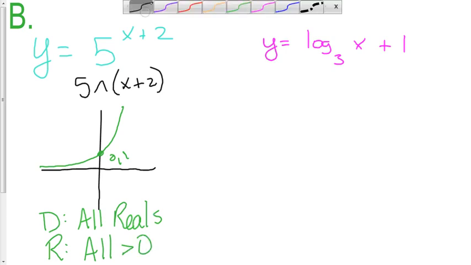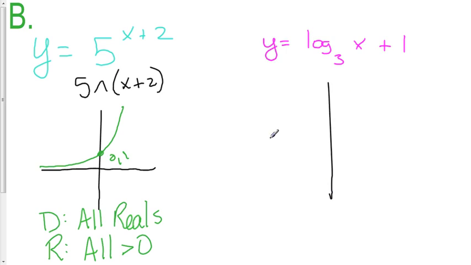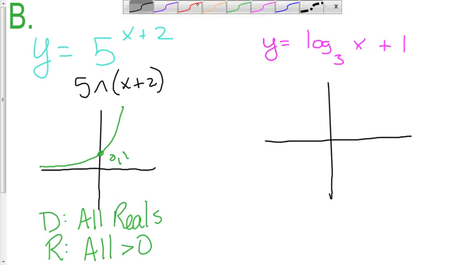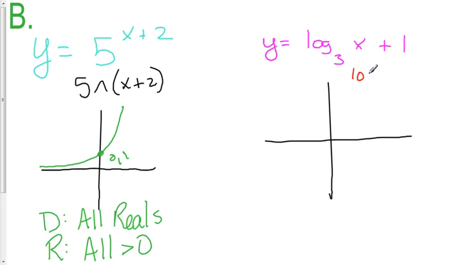This second one is a logarithmic function, log base 3 of x plus 1. Now if you were trying to use your calculator to graph this, if you do not have a calculator that can put this base down here, then remember you have to use the change of base theorem, and you would have to put log of x divided by log of 3, and then plus 1.